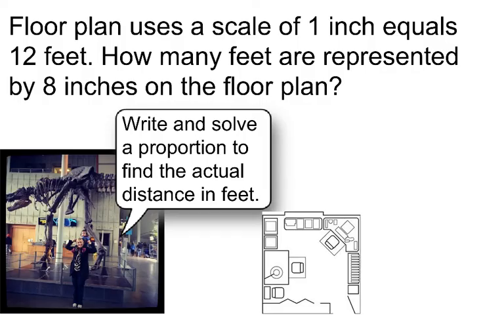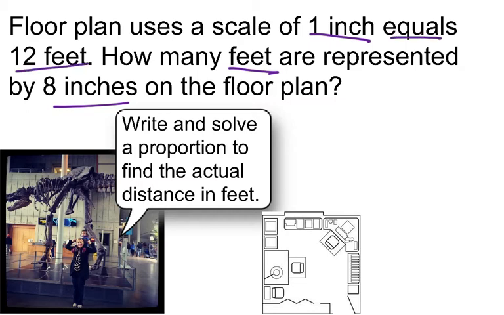Let's look at an example. A floor plan uses a scale of 1 inch equals 12 feet. How many feet are represented by 8 inches on the floor plan? Again, we need to first always look at our nouns. What two things are we comparing? 1 inch equals 12 feet.